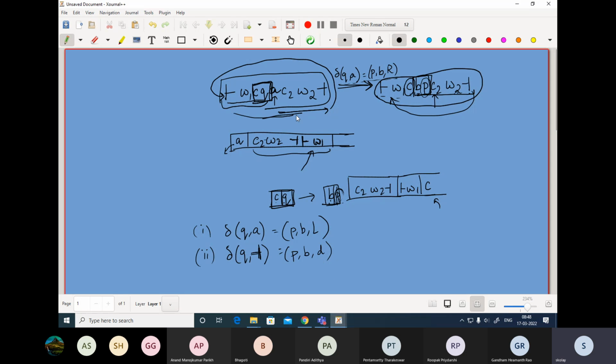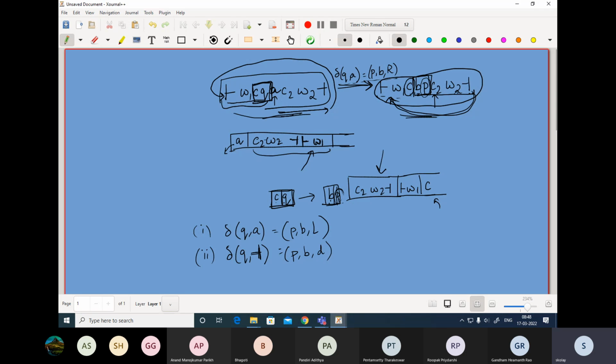So basically you have to look at your configuration, the next configuration, and figure out how you will manipulate your queue so that it stores the next configuration, and you're always reading in a circular fashion. You start reading from the alphabet that is being read by the tape head, move rightwards.